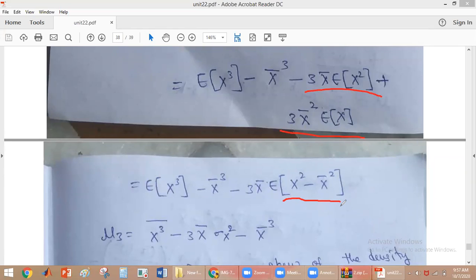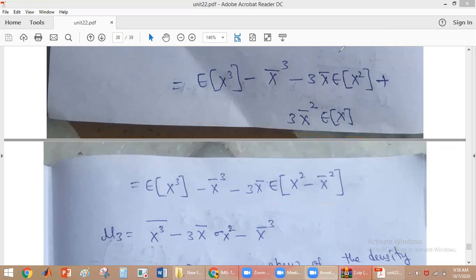So from this, what we know, this is nothing but the variance. That is why we'll write it as x cube bar minus 3x bar sigma x square minus x bar cube. Okay, so this is the relation we got.